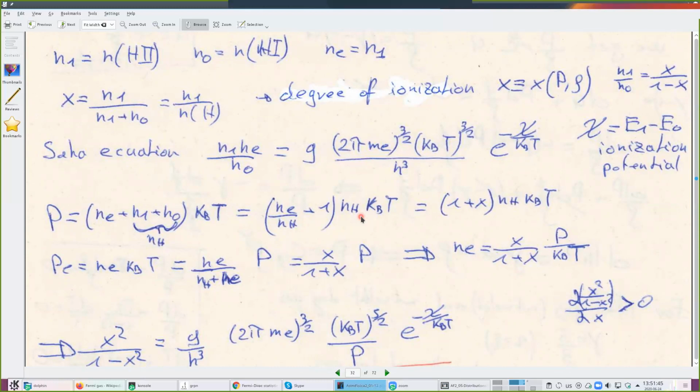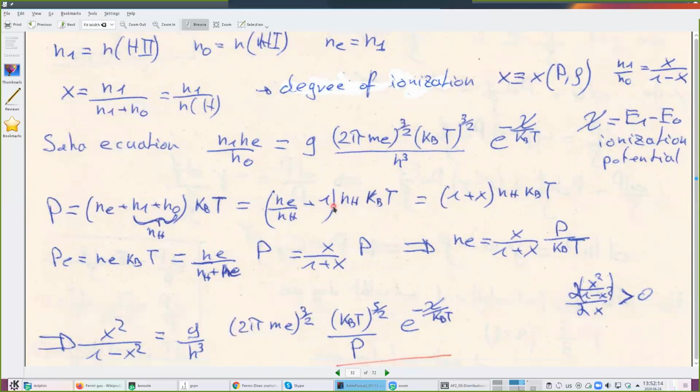If you are compressing or expanding the gas, the energy can pass to thermal energy, but since the ionization is subtracting some energy, the energy goes from the internal energy to the ionization energy. There is a different behavior.